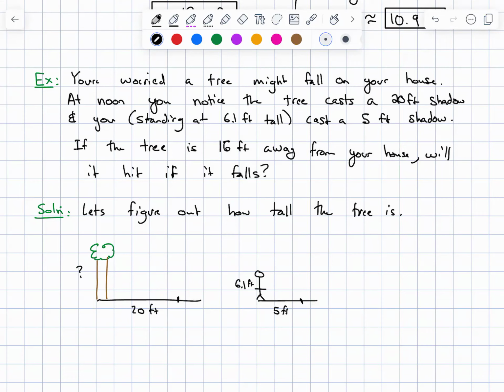One thing that is assumed is that, as long as you're standing next to the tree, the sun is casting the exact same type of shadow, relatively speaking, with probably a small margin of error. So these end up being similar triangles.